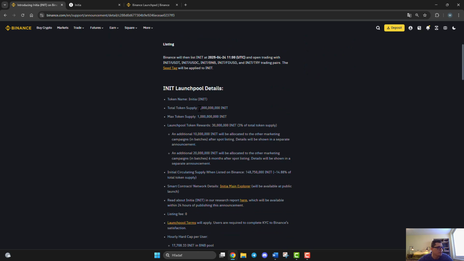So the total token supply, here you can see. Of course, it's the max token supply, so the supply is fixed. Then we got 30 million, 3% of the total token supply, for the Launchpool on Binance.